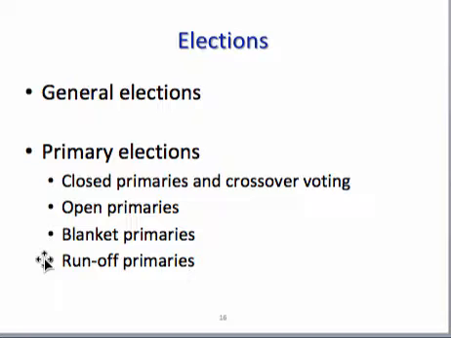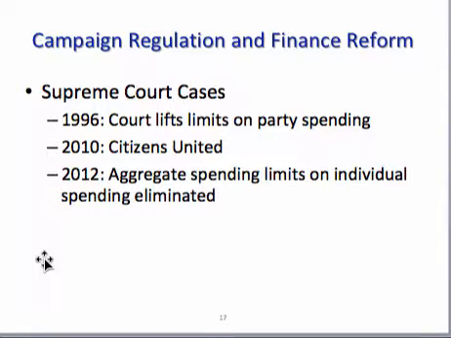It means that you don't have to be registered Republican or Democrat. There is currently a lot of talk about changing the way that we have primaries, to reduce the level of hyperpartisanship that we see nowadays.